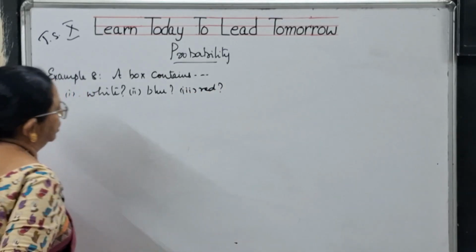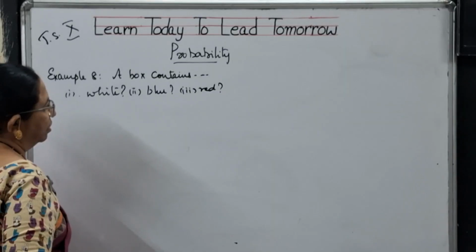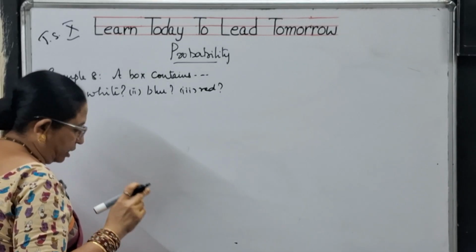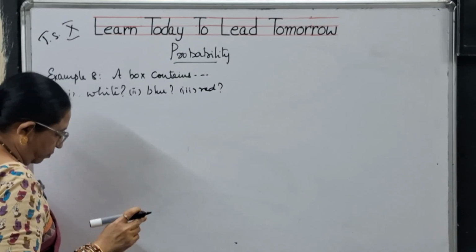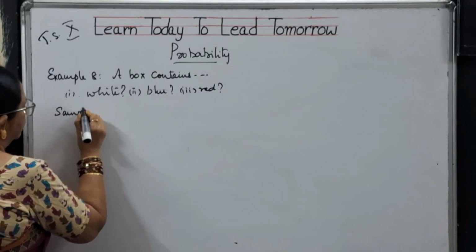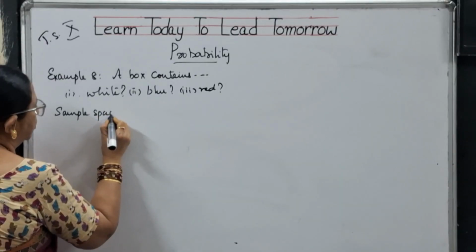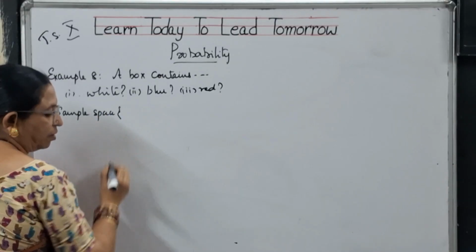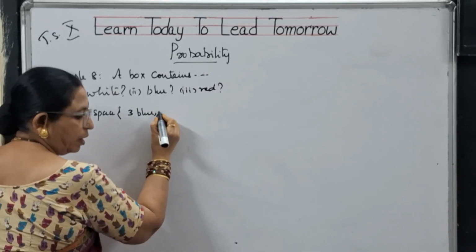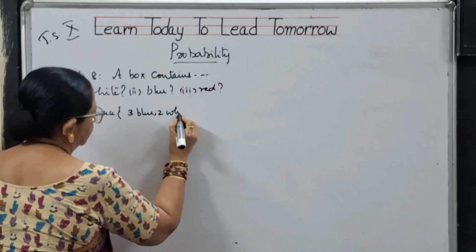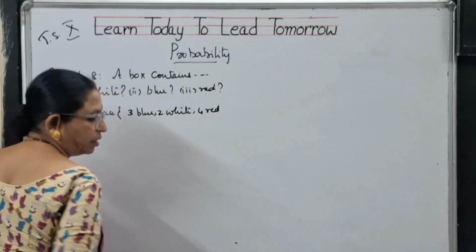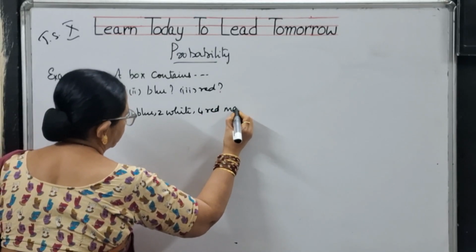So what is the probability of getting this? They are asking. So first, what does the box contain? The box contains 3 blue, 2 white, 4 red marbles. So what is the sample space in the given problem? It has got 3 blue and 2 white and 4 red marbles.